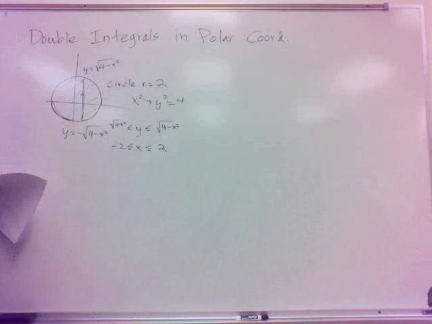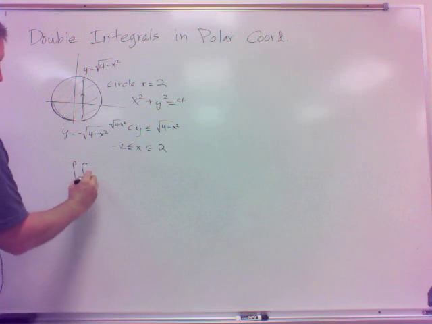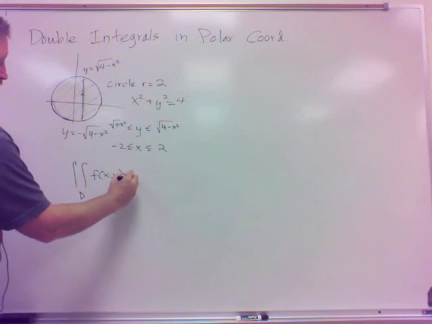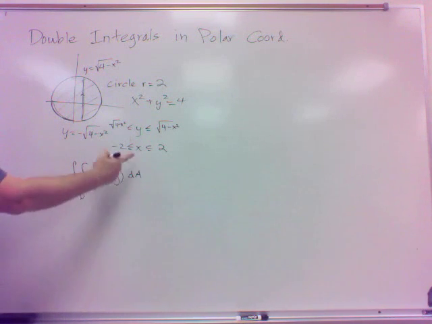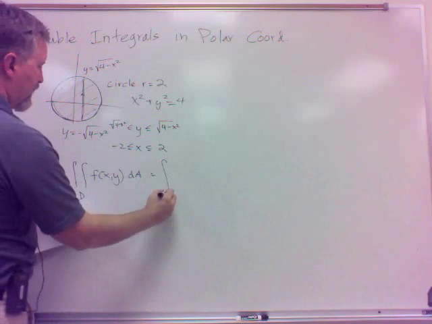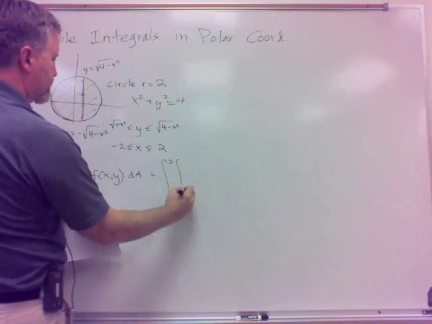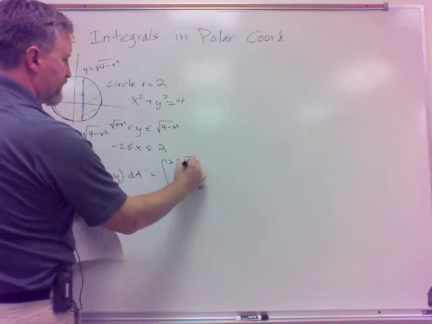So it's not that I can't find them, but if you think about this double integral over D for some f of x, y, I'm going to have x's go from negative 2 to 2, and the y's go from negative square root of 4 minus x squared to positive square root of 4 minus x squared.